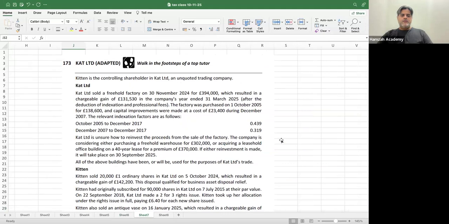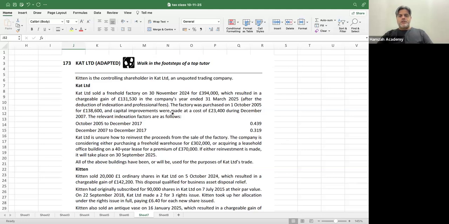Kate sold a freehold factory on 30th November 2024 for 394,000, which resulted in a chargeable gain of 131,530 in the company's year end of 31st March 2025, after the deduction of the indexation and the professional fee.